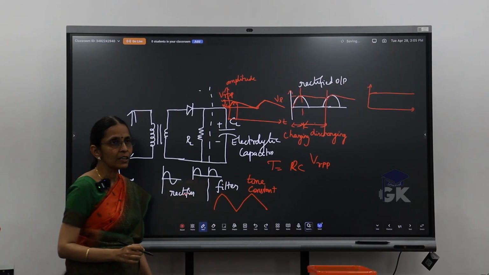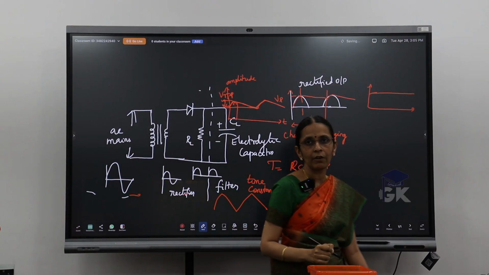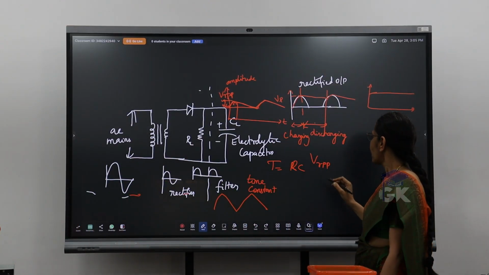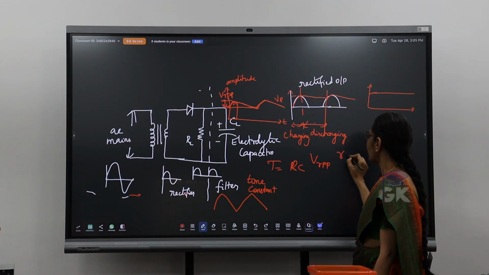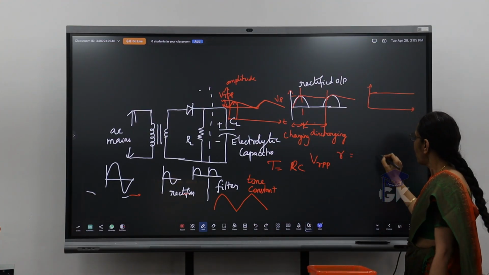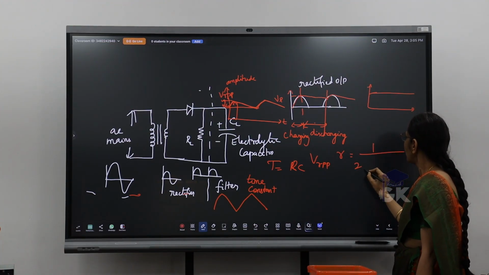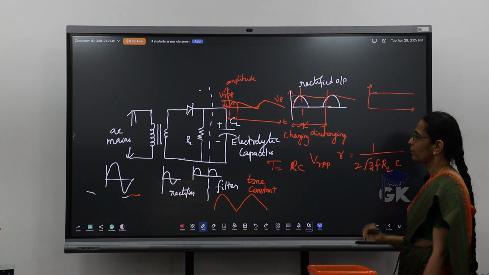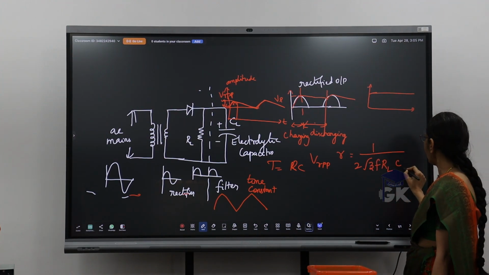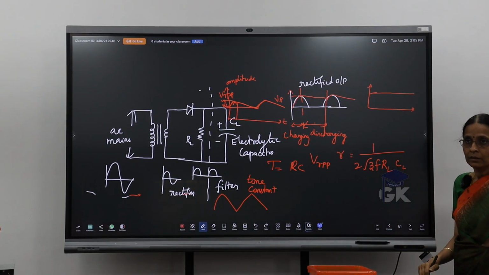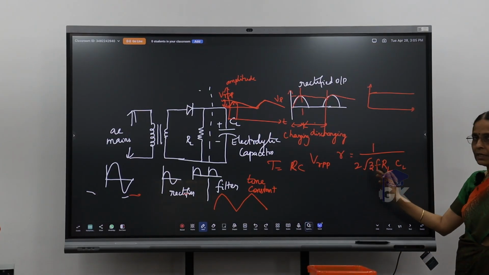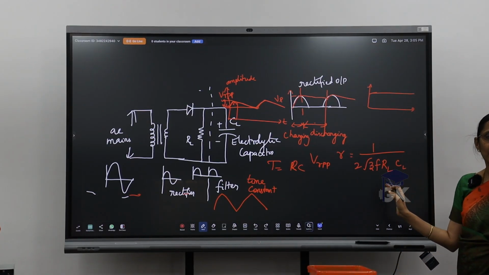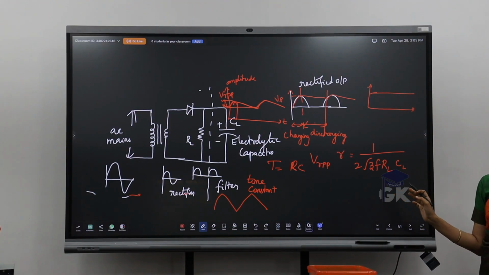Now the ripple factor for this rectifier with the filter combination, if it is a half wave rectifier, is 1 by 2 root 3 f RL CL. Here 2 root 3 is a constant. For f, what will we substitute? Frequency.